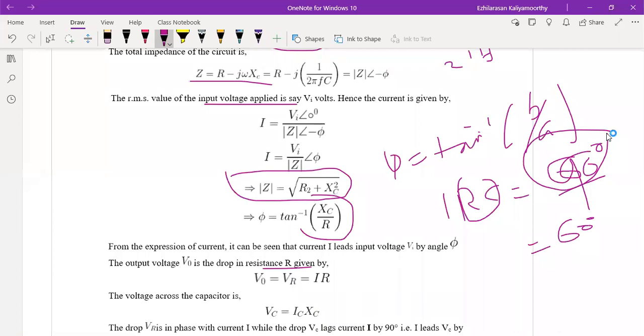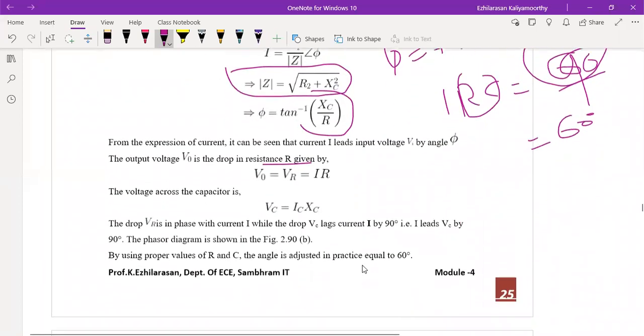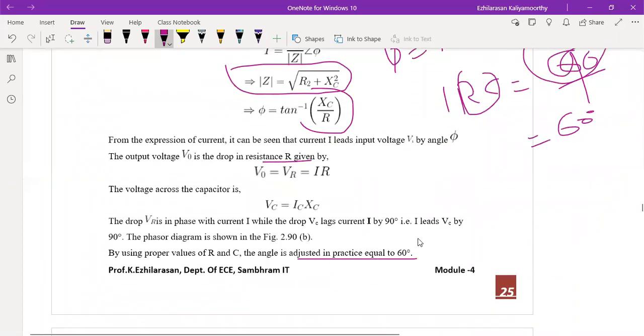But normally you won't get exactly 90 degrees. Because of the RC values, practically you may get 60 degrees. So to get a 180 degree phase shift, you have to cascade three of the same single RC circuits.